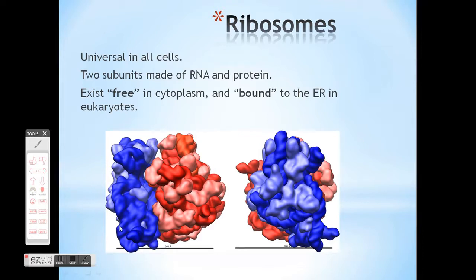They can exist in 2 locations within the cell. They can be floating around in the cell, and we call those free ribosomes. They're just floating around there in the cytosol. Or they can be bound, and those are the ones that you find stuck on the edge of the rough endoplasmic reticulum. So they can be either free or bound.